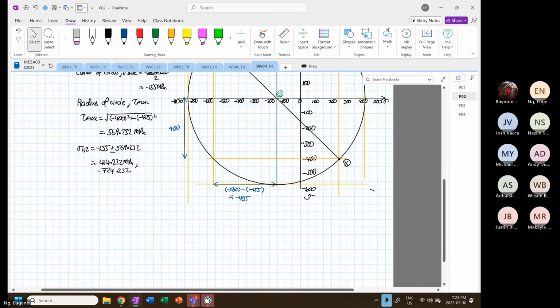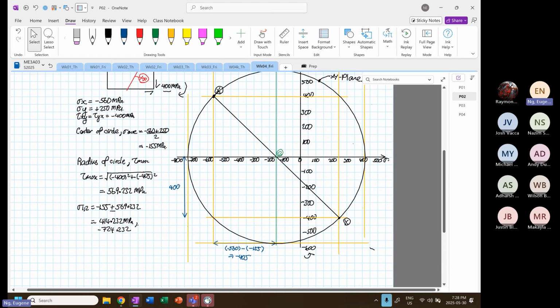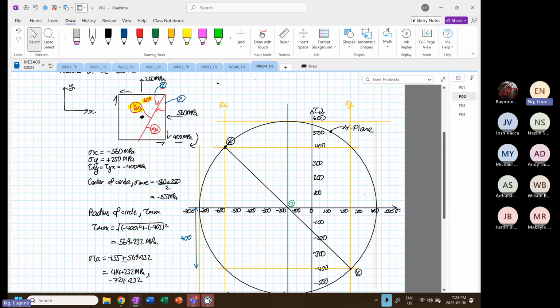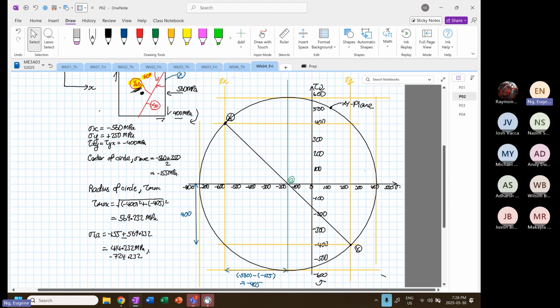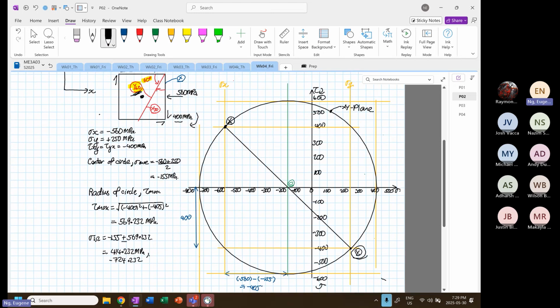Okay. So we were given that over here we have to rotate in an anti-clockwise direction. Y60. Y60 means from point Y, not from the horizontal axis.